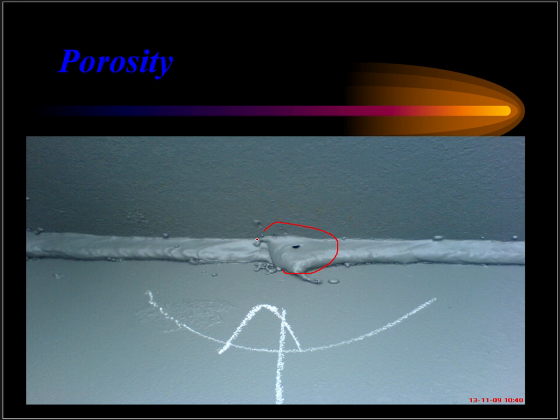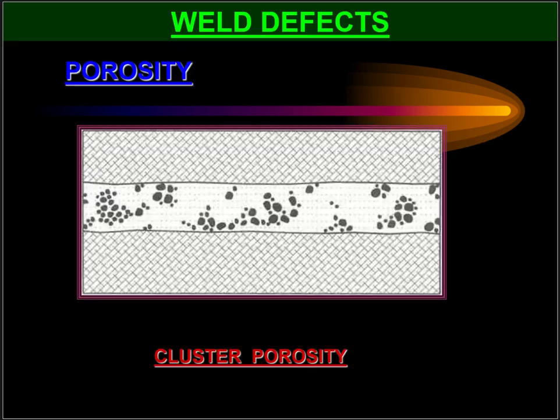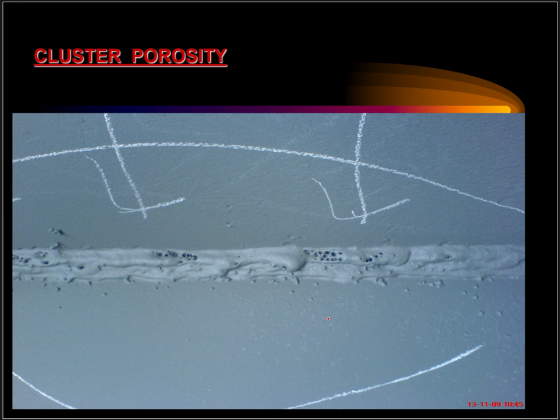You can clearly see the porosities in this image. This is also one type of cluster porosity. A lot of defects in this piece: single pore, cluster pore, spatters, uneven welding done by the welder.